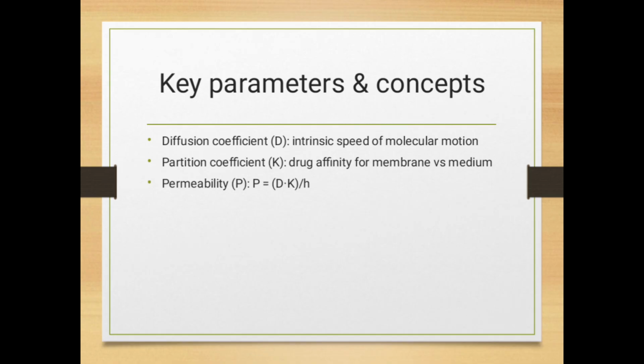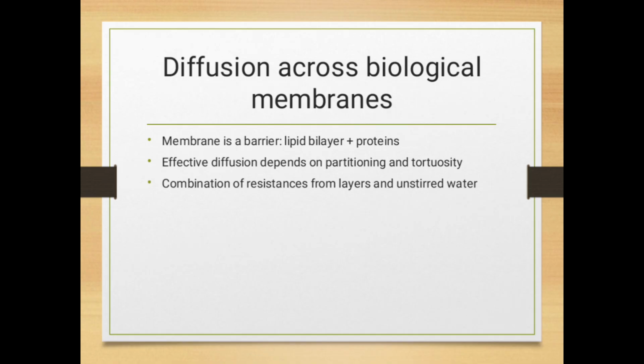Moving to the next slide, diffusion across biological membrane. Students, your biological membranes are complex, right? They are made up of lipid, protein, or sometimes a layer of mucus or keratin, that is skin. A drug must pass through or diffuse through this membrane, then leave into the other side.